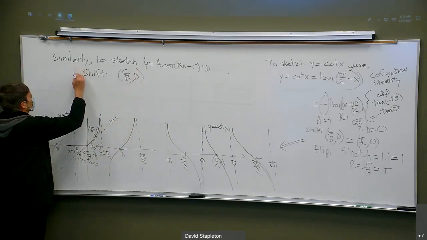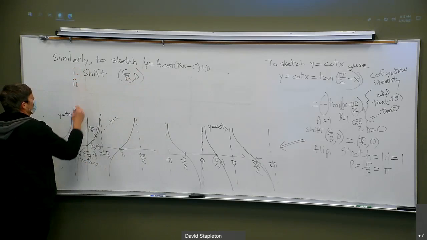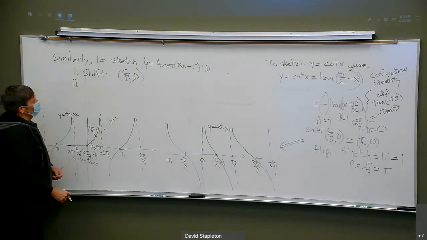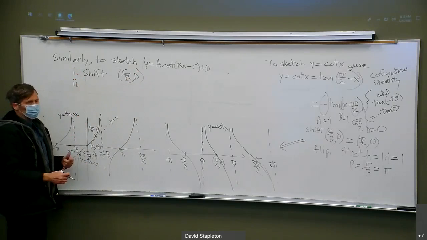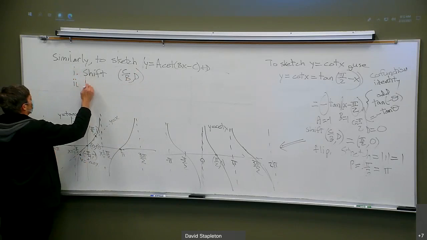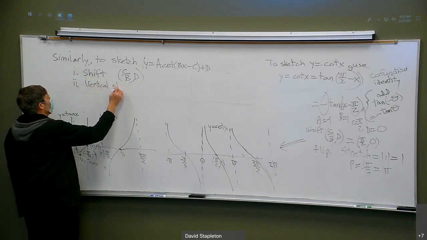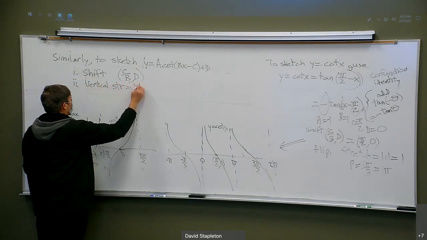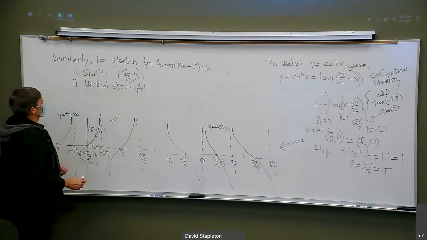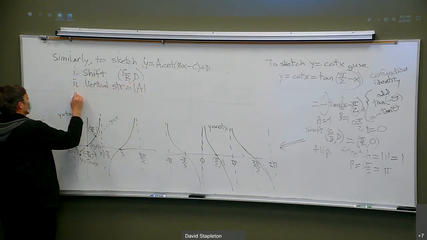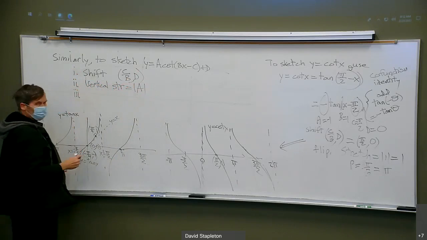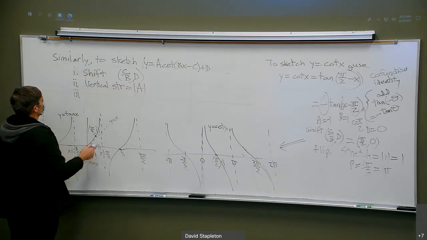Right? Then there's a vertical stretch. For the sine and cosine, we call it the amplitude, but remember for the tangent, we just call it a vertical stretch because it's not a wave. So the vertical stretch factor is absolute value of a, just like sine, cosine, and tangent. Then there's a period, and it's the natural period of the function divided by b.